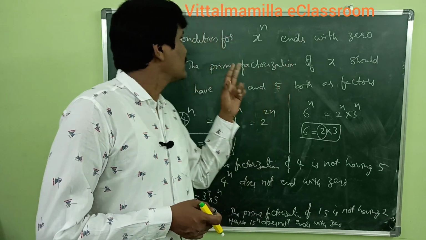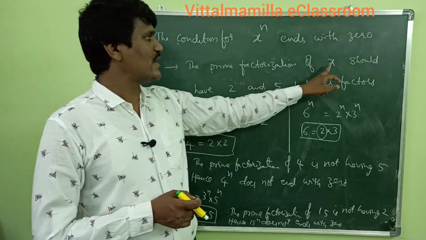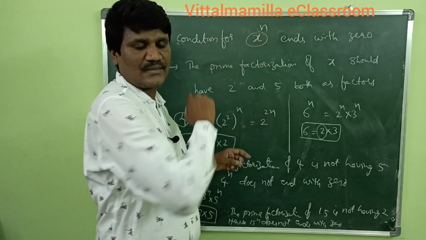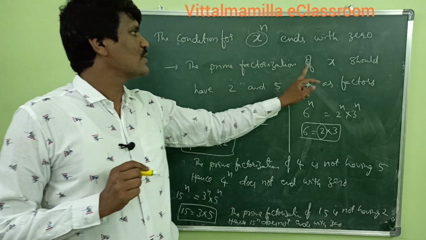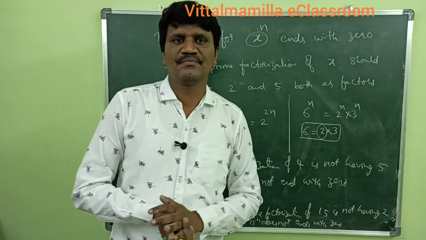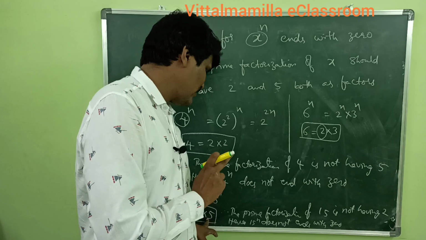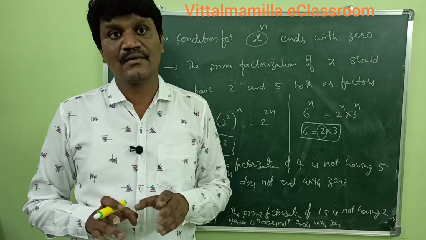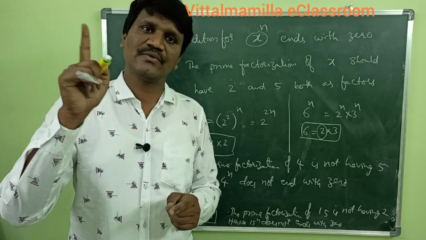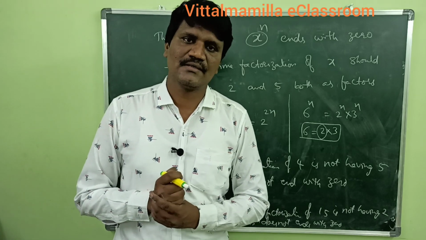So the condition for x power n ends with 0 is that the prime factorization of x, the base, should have 2 and 5 both as factors. If only 2 is there, it will not end with 0. If only 5 is there also, it does not end with 0. It should have both 2 and 5 as factors, then only it will end with 0.